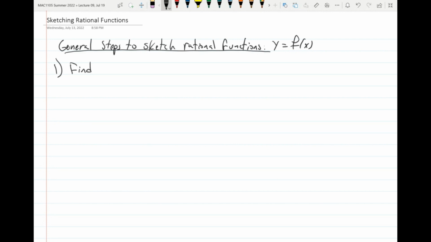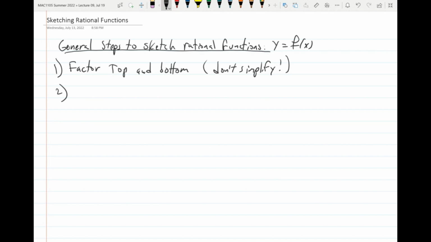So the first thing is to factor everything. So factor the top and bottom. But don't simplify, not yet. Okay? Then once you factor, then it's very easy to answer a bunch of questions.